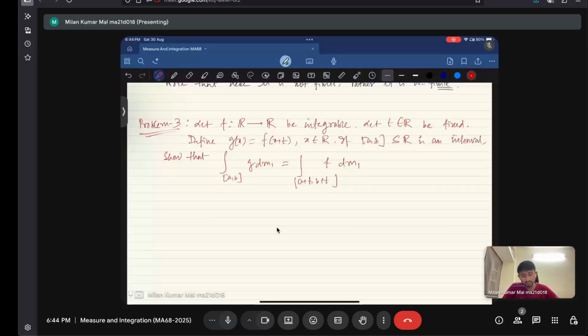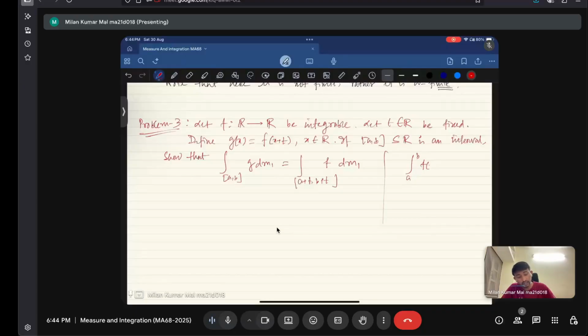So basically, suppose from a to b we have f of x plus t dm1 x. Let x plus t equal u. In that case dx equals du, and the range will change to a plus t to b plus t, with f of u du.